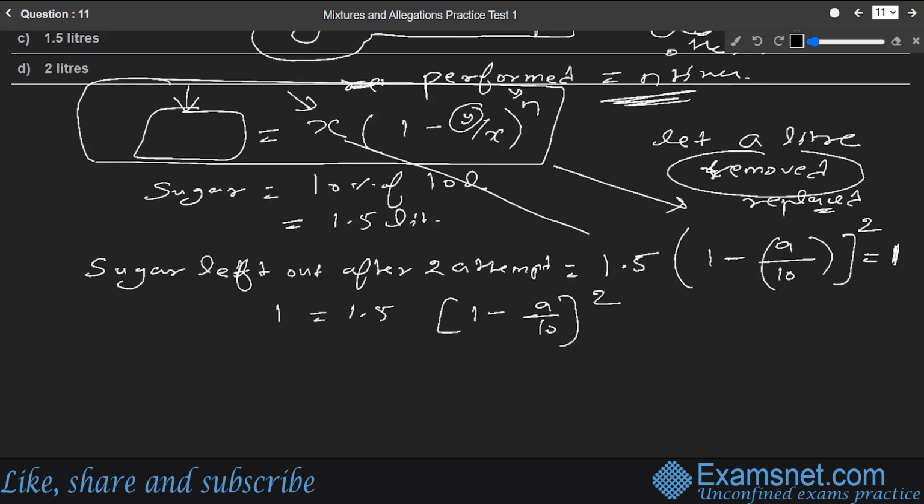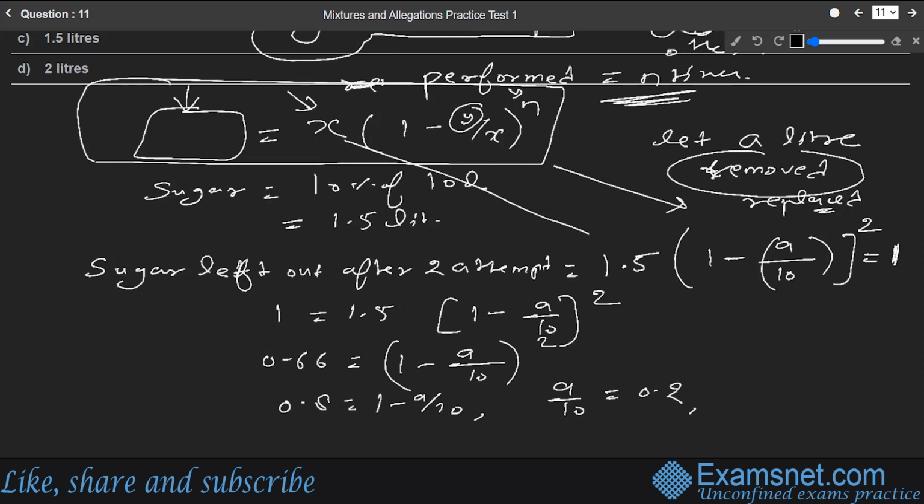If we solve this further, we can bring 1.5 to the other side. So 0.66 is equal to (1 minus A by 10) whole square. We can write it like this, which can be further done as 0.8 is equal to 1 minus A by 10. And if we solve this further, A by 10 comes out to be 0.2. So A comes out to be 2 liters.